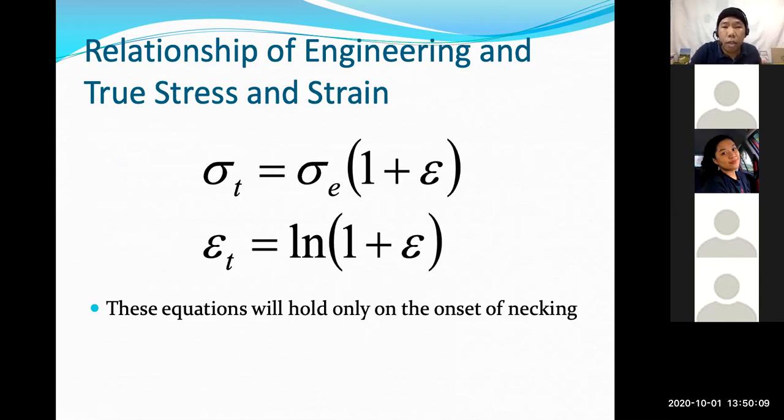Sigma sub E is the engineering stress, and this is the true stress. If you are asked to solve for the true stress, you can utilize the value of the engineering stress multiplied by 1 plus the engineering strain, epsilon. For the true strain, represented by epsilon sub t, it equals the natural logarithm of 1 plus the engineering strain. These equations will hold only up to the onset of necking.